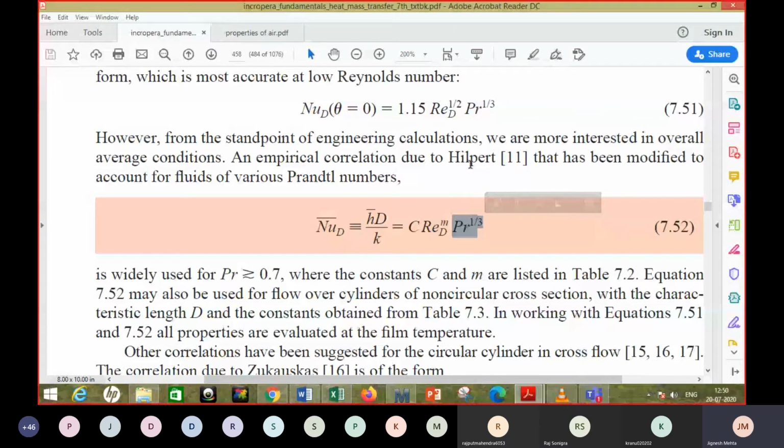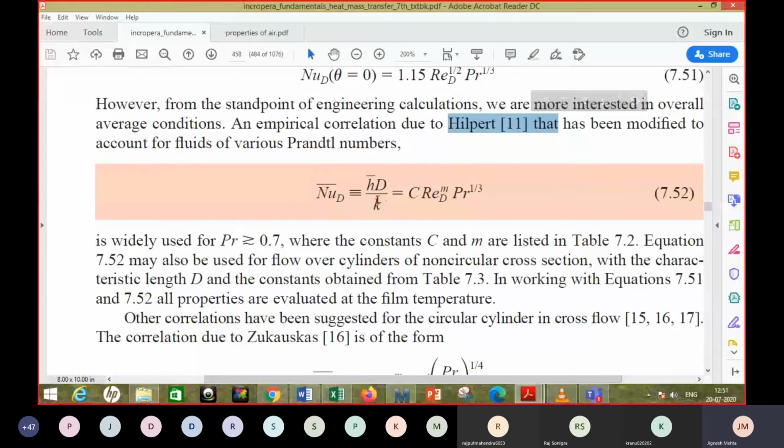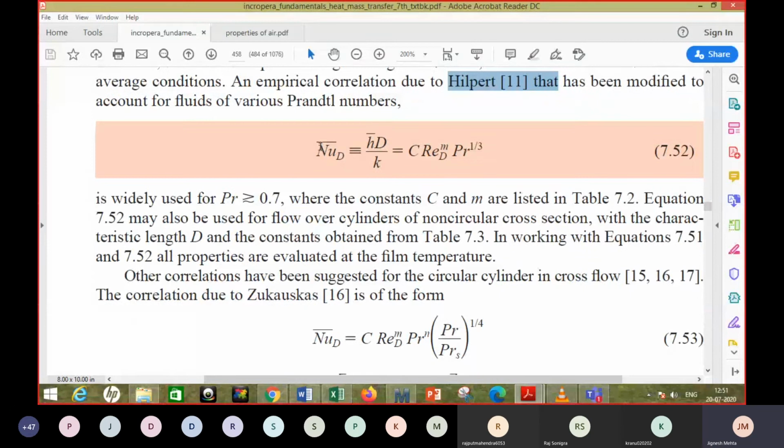Researchers have given the correlation, many of them in the form of some constant into Reynolds number raised to m and Prandtl number raised to 1 by 3. Depending upon the Reynolds number, the C value and the m value may be different, right? So Hilpert has given the correlation between Nusselt number and Reynolds number and Prandtl number in this form.